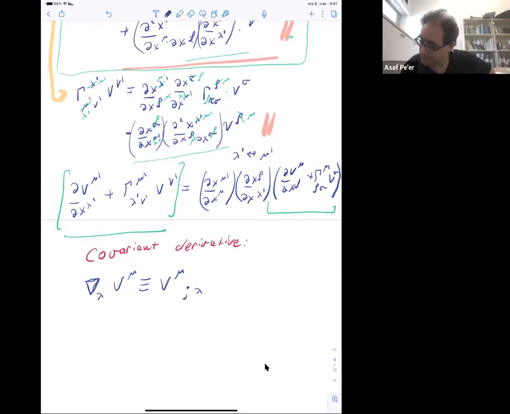That is the notation, sorry. And the definition is exactly what is written here. It's dv mu over dx lambda, of course, but now I add this extra term, which will be gamma. Now the upper index will be the same index as in the vector mu. And we have two lower indices. So one of them would be the index in which we are deriving, so lambda, and the other one will be a dummy index, sigma multiplied by this sigma.